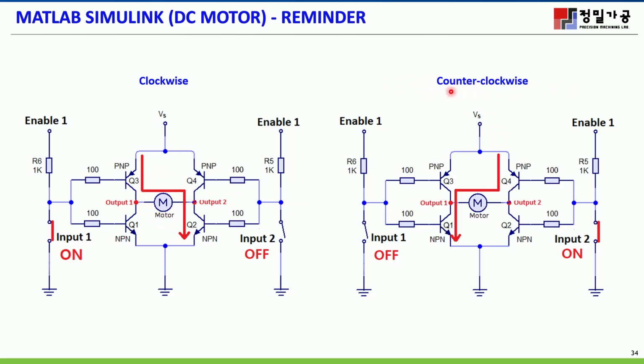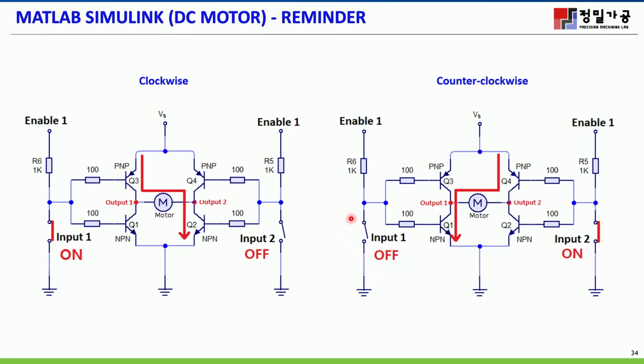The clockwise and counterclockwise is basically just changing input 1 and input 2, reversed. So this one off, this one on, means this one is in low state in here. When it's low state, this one is not active, this one is active, and the current flows through here.